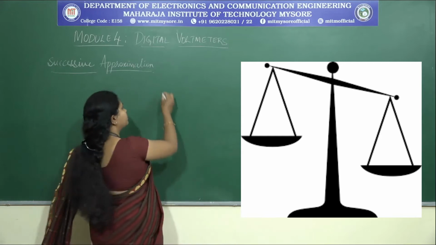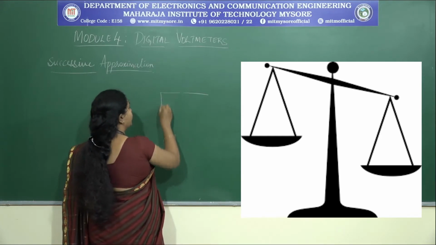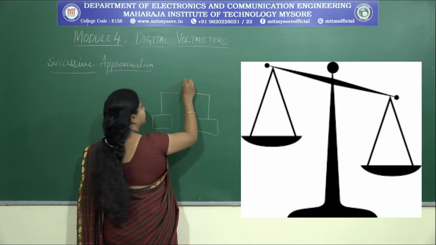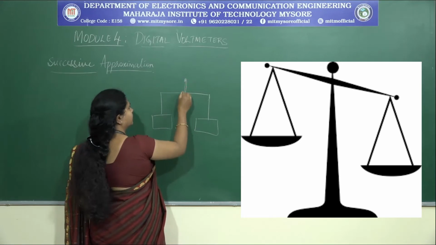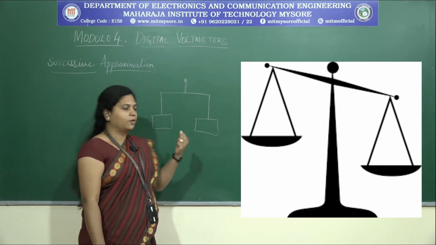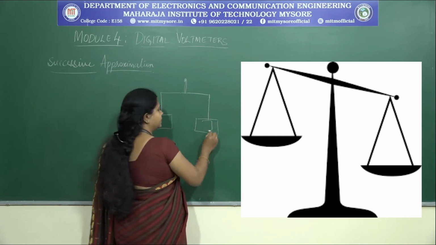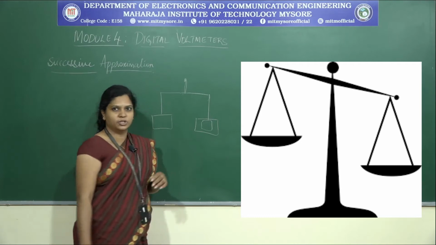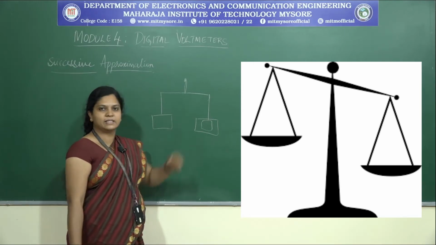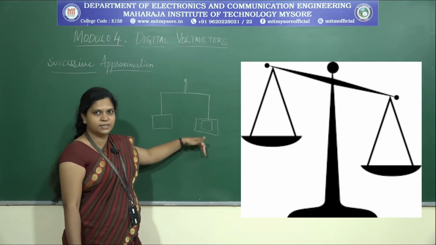Previously, we were using something like this, a hand weighing machine. Now, you want to measure some quantity. Let us say this is the quantity that you have to measure. To balance this weight, if you hold it like this, since the weight is more, it will tend towards this side.